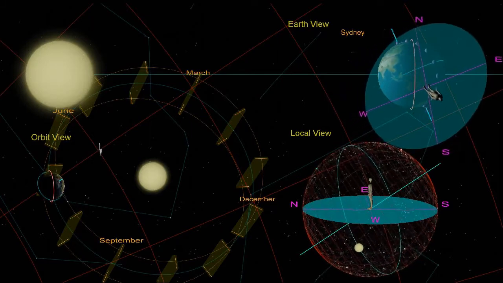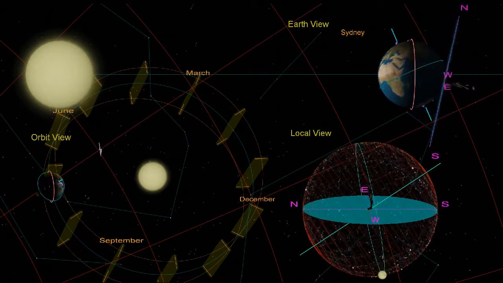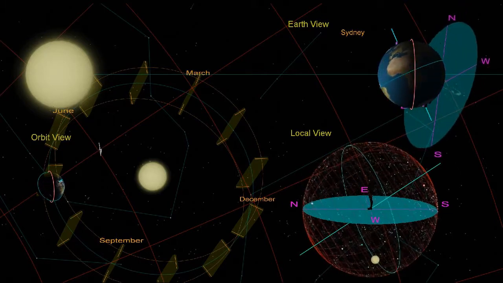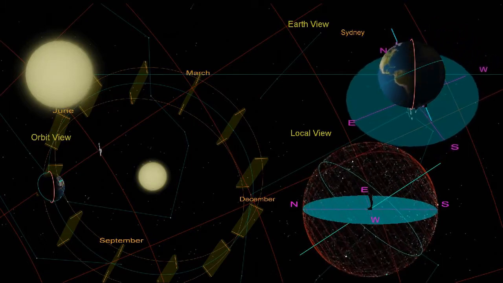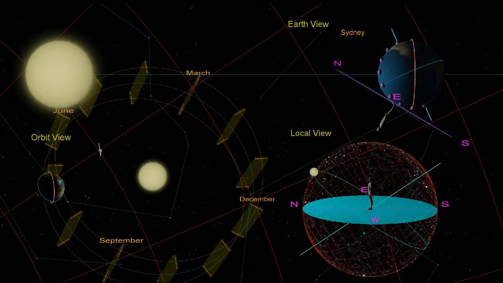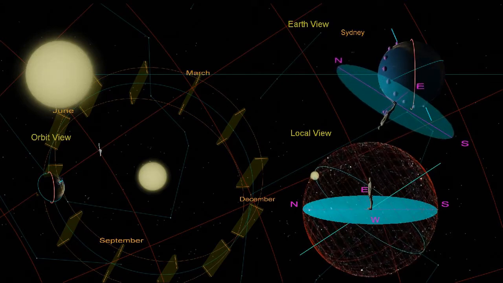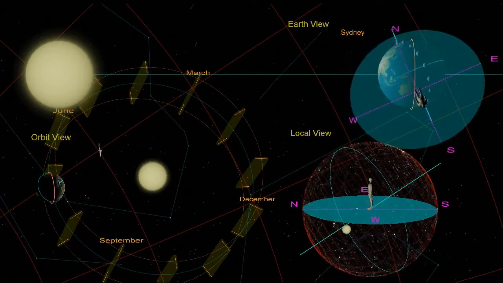Now in this orientation, we're in southern hemisphere wintertime. The sun is going to rise towards the northeast, and at noontime, when the sun is at its highest in the sky, it's low towards the north. It doesn't get very high, and the path across the sky is quite short, setting in the northwest.